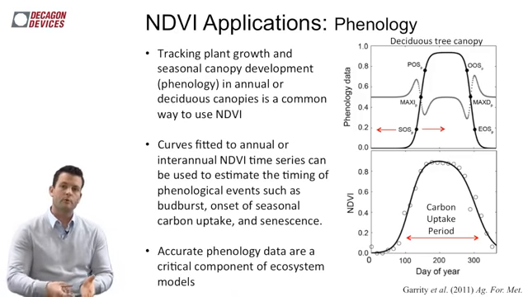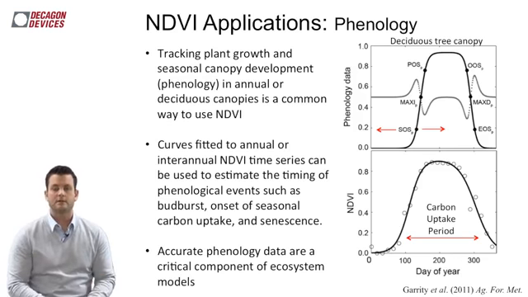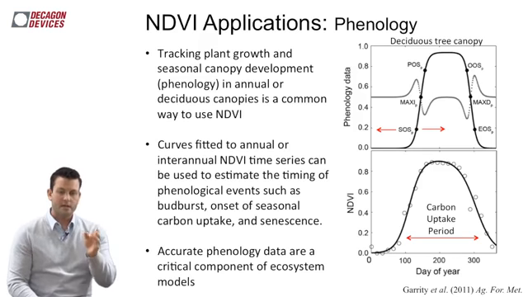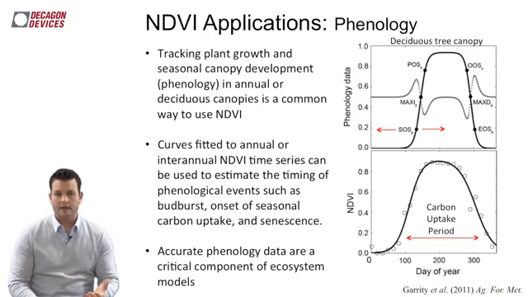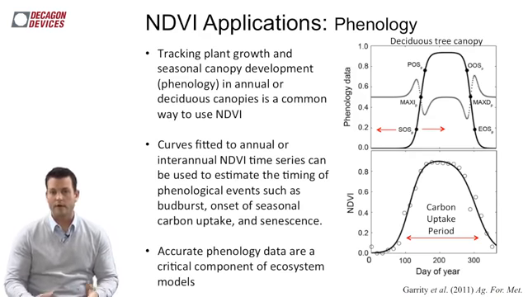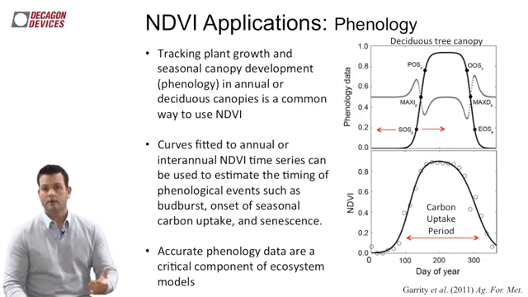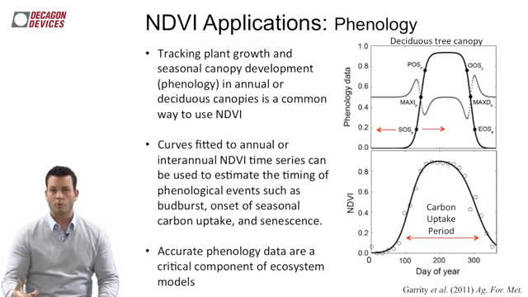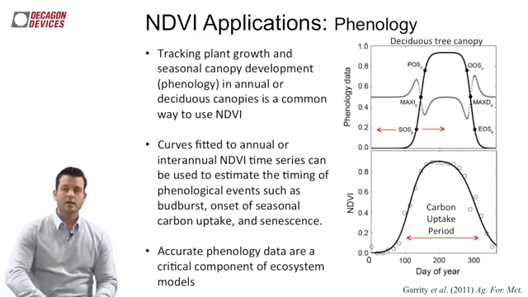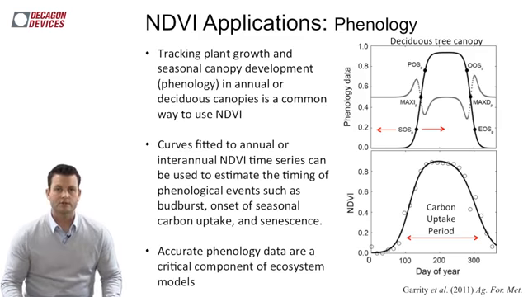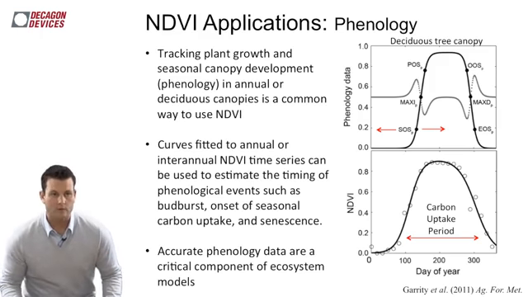Now you can imagine that we put many years of observations like these together, and then we'd have many dates where start of season occurred for a given canopy, and we can relate that to climate variables or any other variable to see if there's any cause and effect going on. For example, some people are finding that as climate warms, start of season typically happens earlier within the year. And there are many other metrics we can extract from such curves to address such questions.